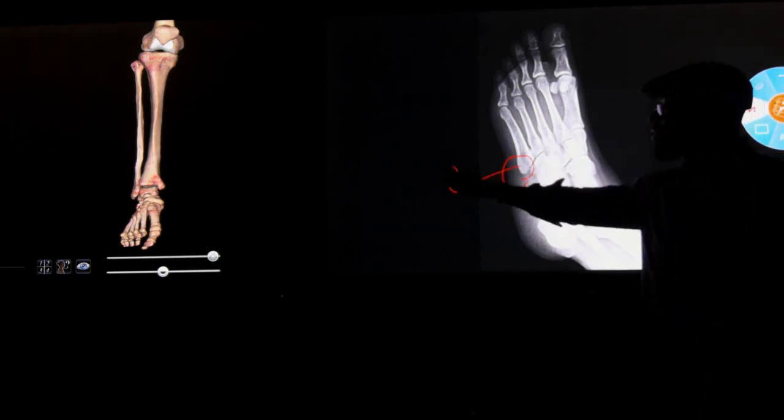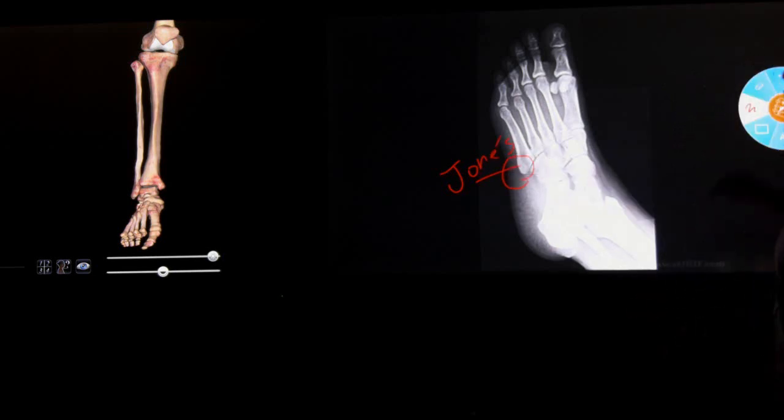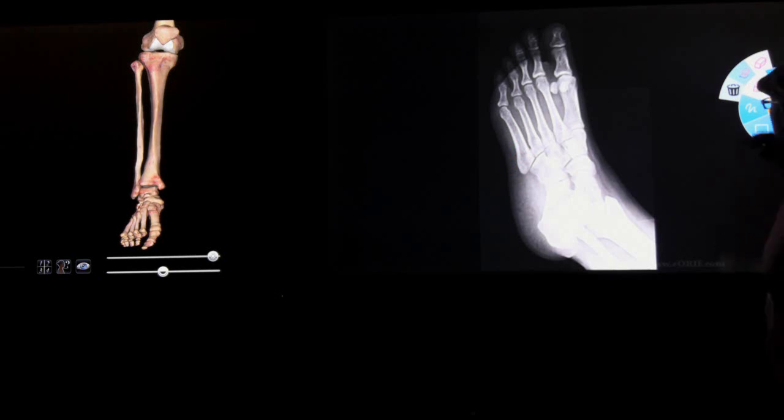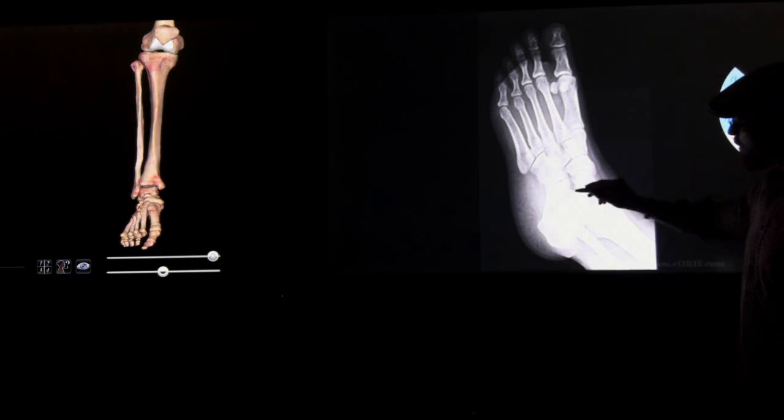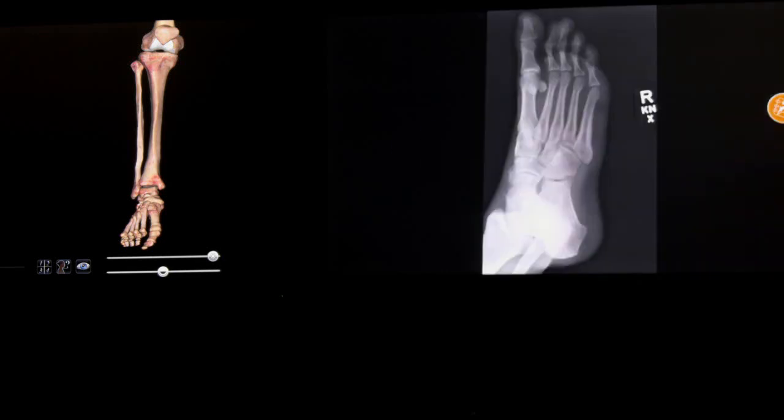So when that breaks, that's a Jones fracture. Okay? Tuberosity of the fifth metatarsal, and then you'll have another good look here. This space here, that is called the sinus tarsi. You've got to know that. Okay? So again, these are very quick reviews of these structures, but I'm just trying to point them out for you so that you can take it, you can have some resource for that.